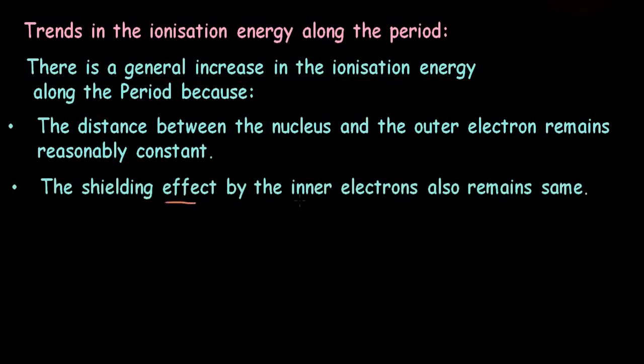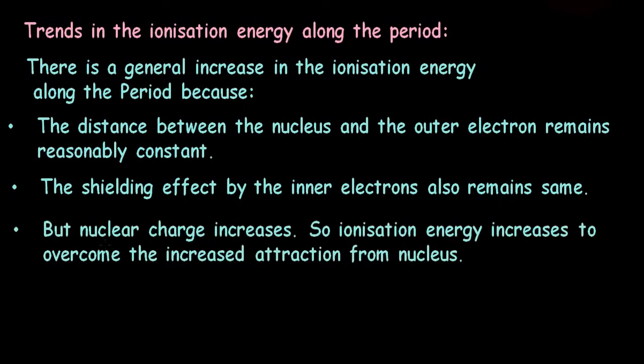The shielding effect of the inner electrons also remains the same because the outer electrons are added in the same shell. But nuclear charge increases along the period, and because of that, the ionization energy also increases, to overcome the increased attractive force from the nucleus to the outer electron.